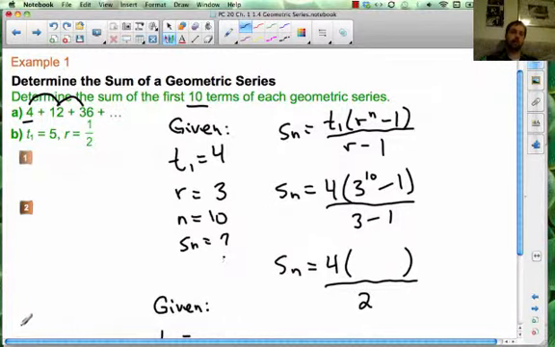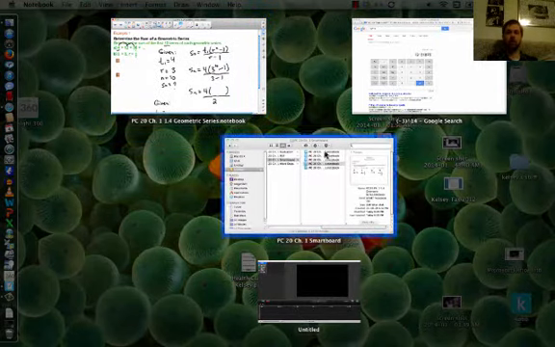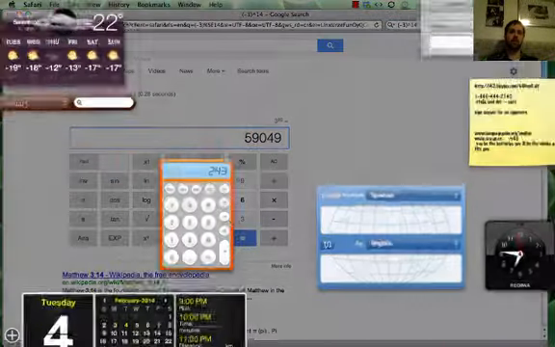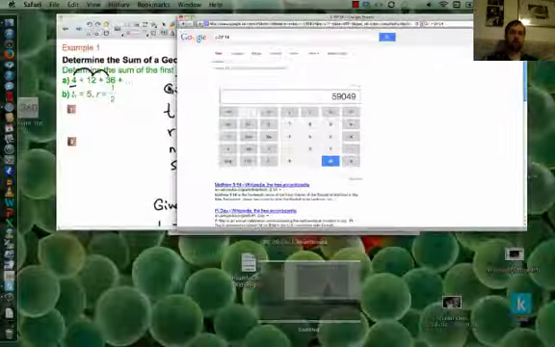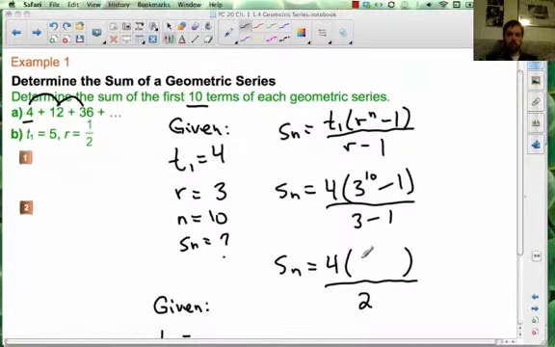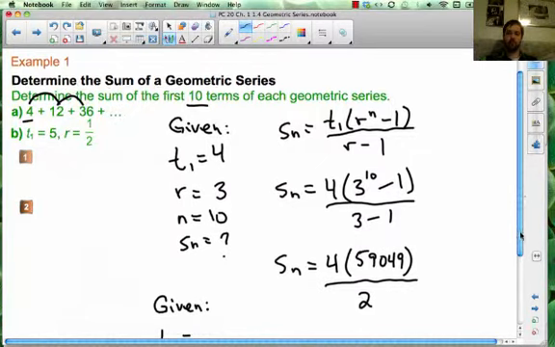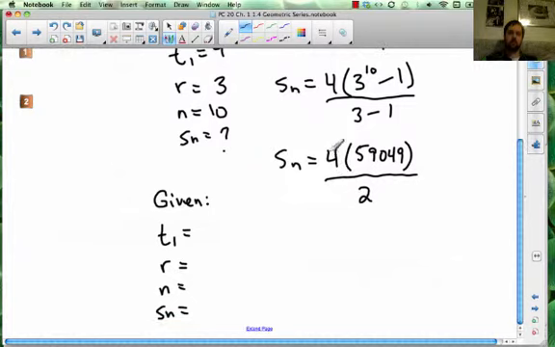Now in here, 3 to the power of 10. Go back to trusty Google, and 3 to the power of 10 equals 59049. Now, the 4 and the 2, this will cancel to give us 2 over 1 instead.